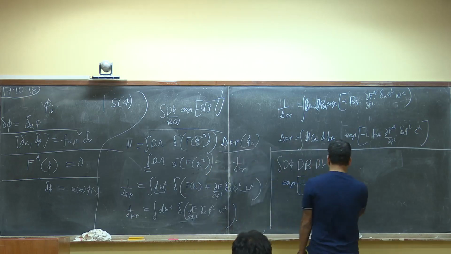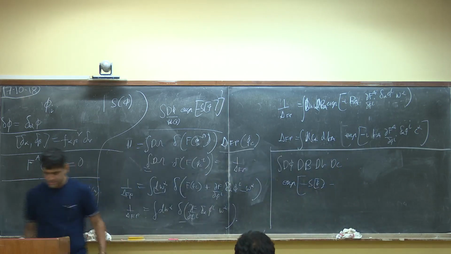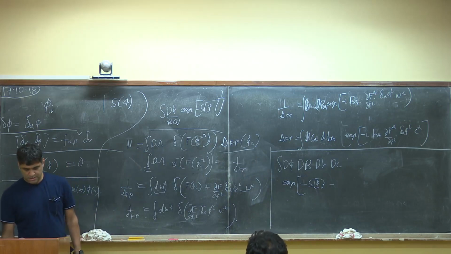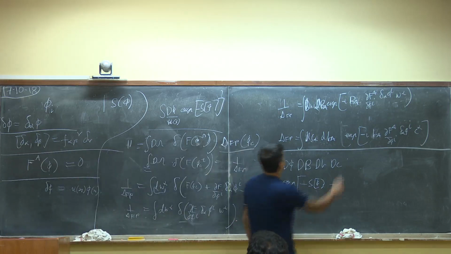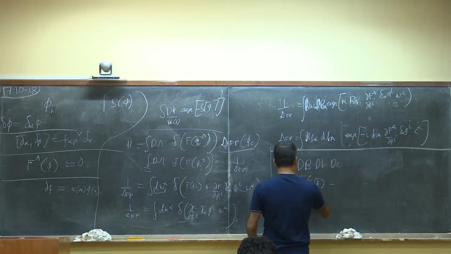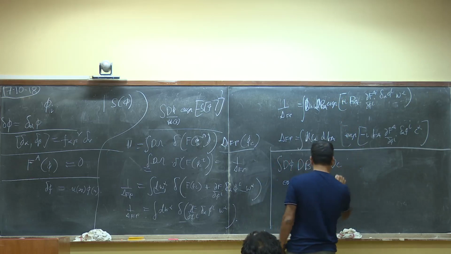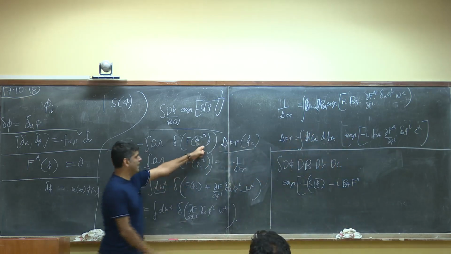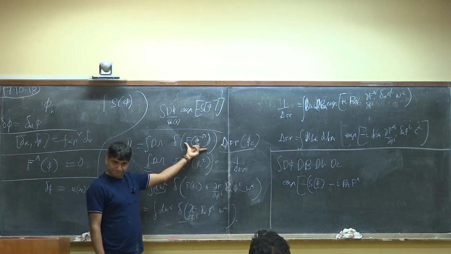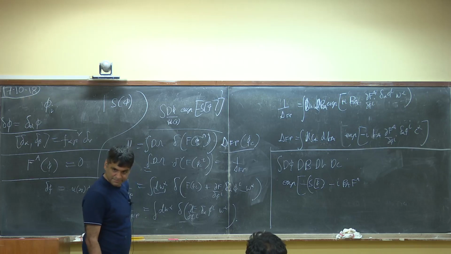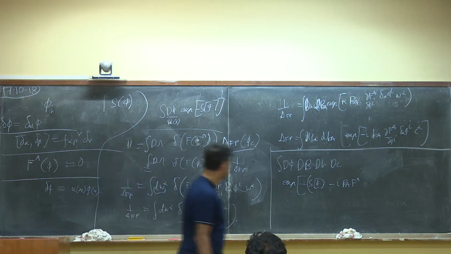Then he puts a plus, and so we have a minus in. He likes to write it as this: minus I B A F A. That was this original delta function. Times the Faddeev-Popov thing. Okay?